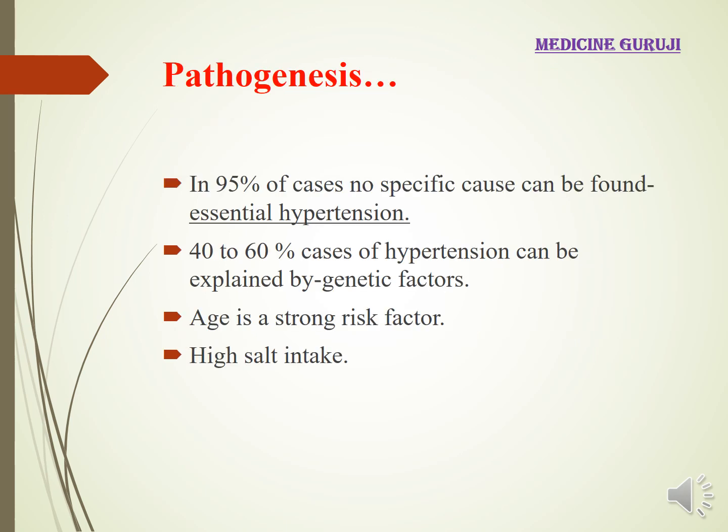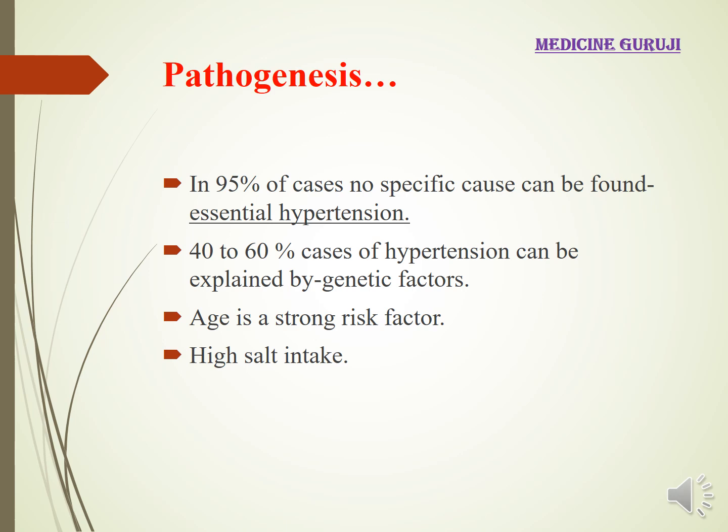Coming to pathogenesis of hypertension. In the majority of cases, around 90 to 95% of cases, no specific cause can be found. This is known as essential hypertension. In 40 to 60% of cases, hypertension can be explained by genetic factors.